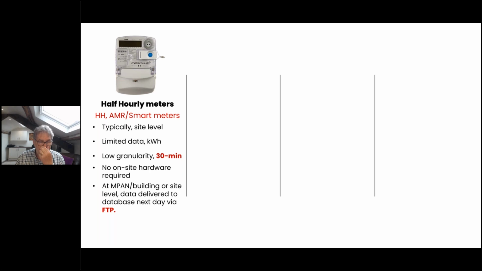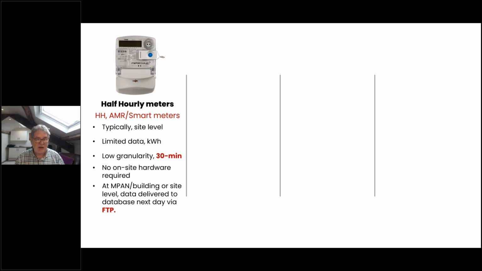So we'll start from the most basic one, which is half-hourly meters on site that are provided by the suppliers, meter operators. These will give us typically kilowatt hours, low granularity, it's every 30 minutes, and typically the data is delivered next day via pre-built FTP communication system packages.